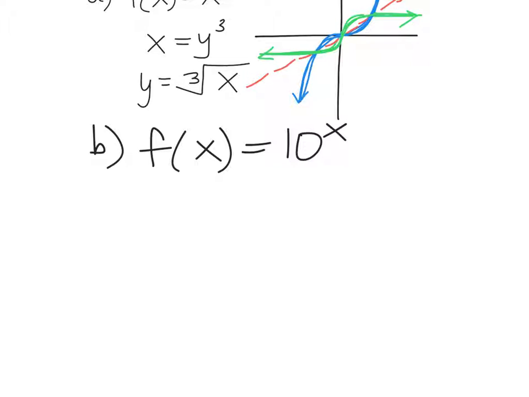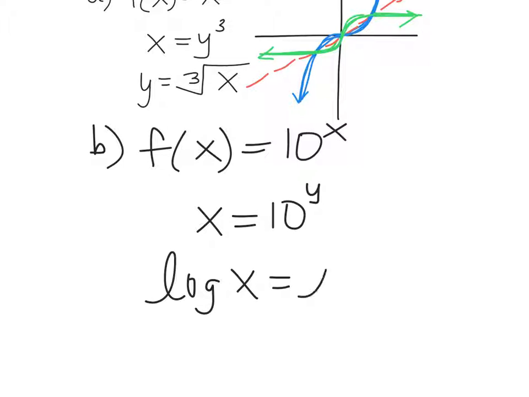So take x and y and switch them. So x equals 10 to the y. And now we have to solve for y. How are you going to solve for an exponent? Yeah, you log both sides. So we get the log of x equals the log of 10 to the y.